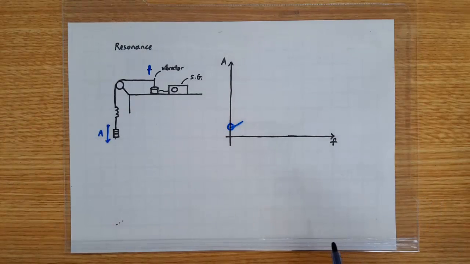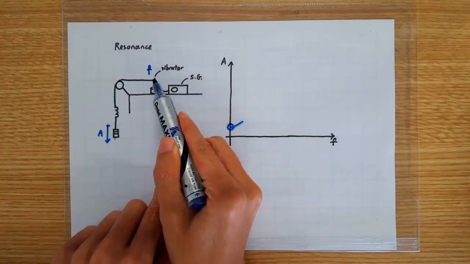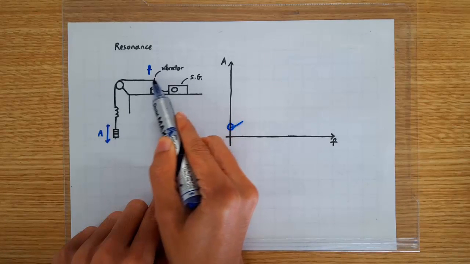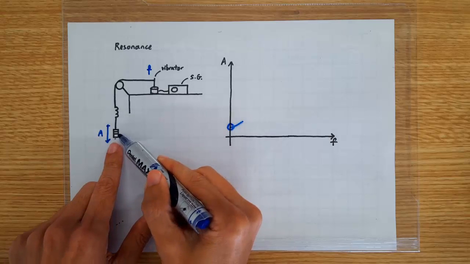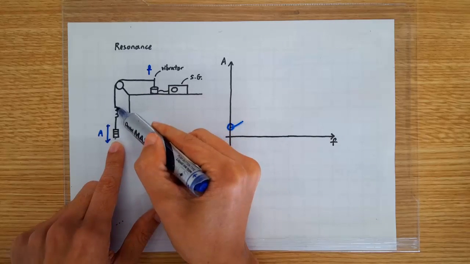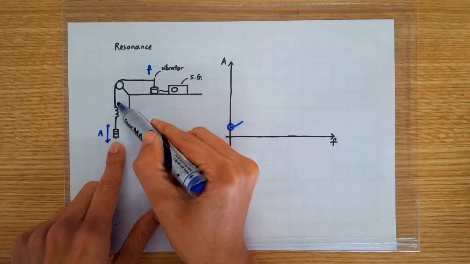Alright? Now, let's imagine that this vibrator is now driving at very high frequency. When this vibration is very fast, there's practically no time for this mass to react. So you just see the spring stretch and unstretch and stretch and unstretch at very high frequency.